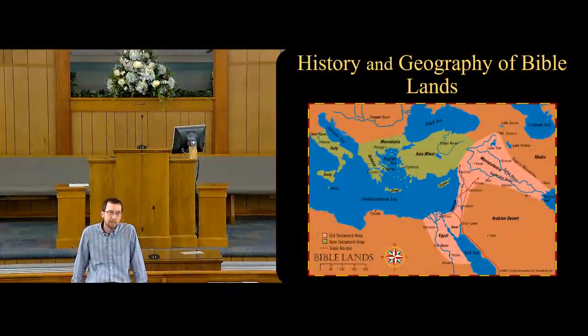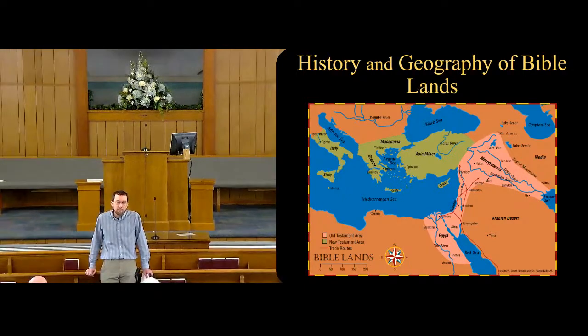And then in the green, kind of upper left, what would be modern-day Turkey, Greece, Italy, is most of the New Testament stuff. And of course, with the New Testament, you have some stuff that happens in that Old Testament area. A lot of it in the central part of Israel, but then coming down to Egypt and back out. So you have that in the New Testament as well.